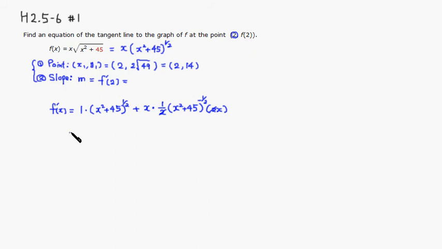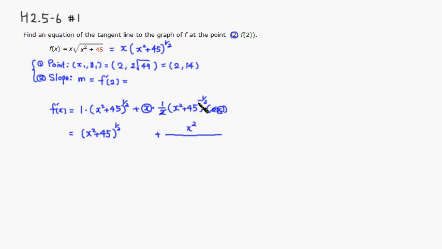The first term is quantity x squared plus 45 to the 1/2 power, since 1 doesn't really do anything. Plus, the second term: you have x here and another x there, so you have x squared on top.